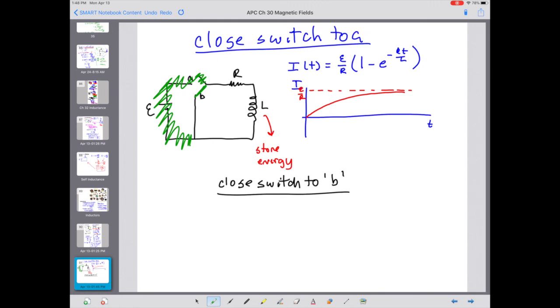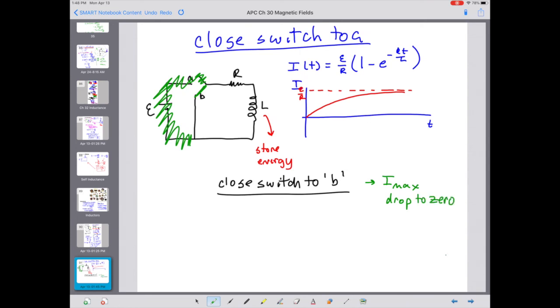Now we have a circuit that is only our resistor and our inductor, and our battery is cut off. You would say, well, if the battery is cut off, we should have no current. That's false, because what happened was when we closed the switch to B, current was originally at its maximum, and now it wants to drop to 0.